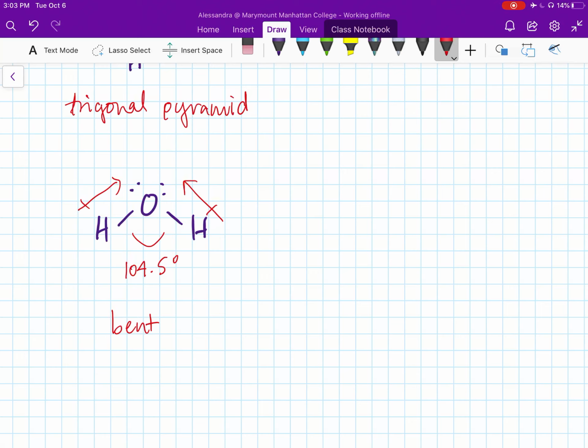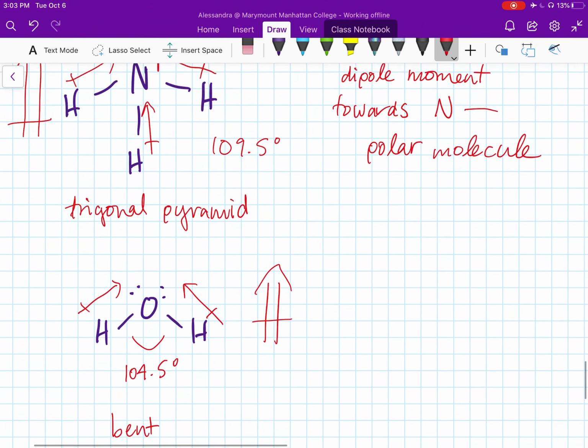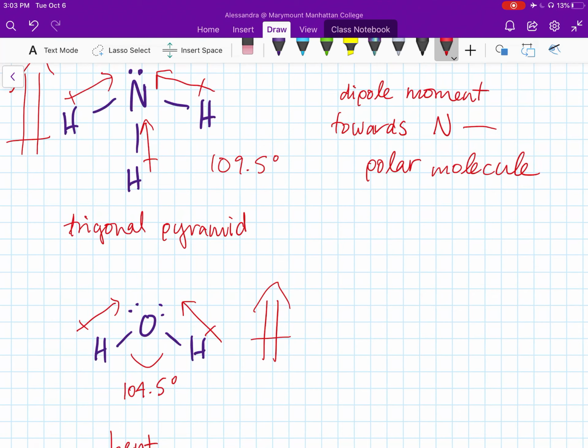If I add those 2 arrows together, imagine adding those arrows together, I'm going to have an overall dipole moment pointing up towards the oxygen. Just like in the previous example, ammonia, the overall dipole moment pointed towards the nitrogen.